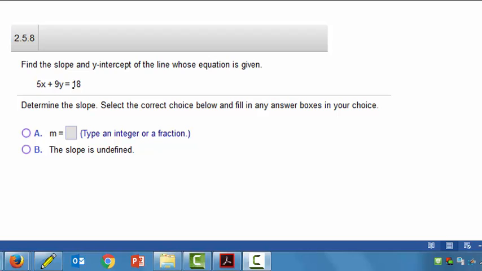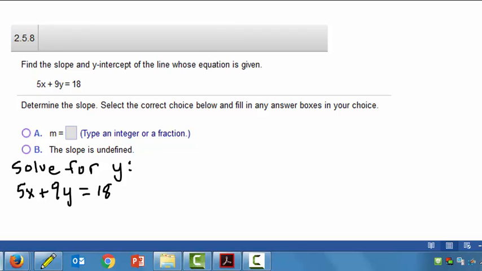Here we're asked to find the slope and y-intercept of the line whose equation is given. So we want to solve for y. So we want y isolated so that we can determine the slope and y-intercept. So I'm going to subtract 5x from both sides of the equation. I can also look at it as adding a negative 5x.